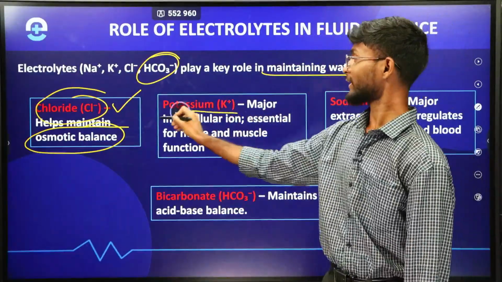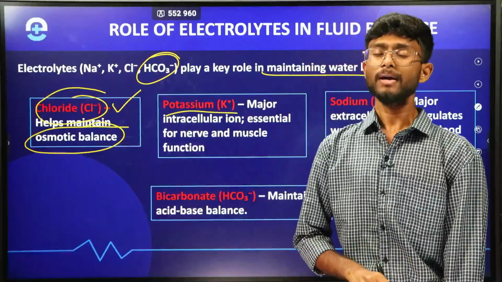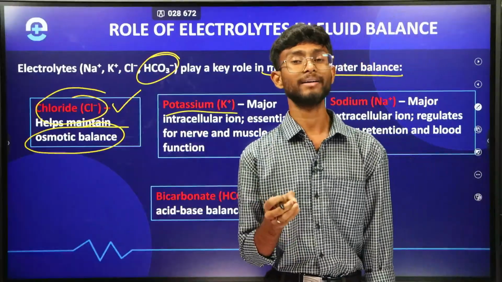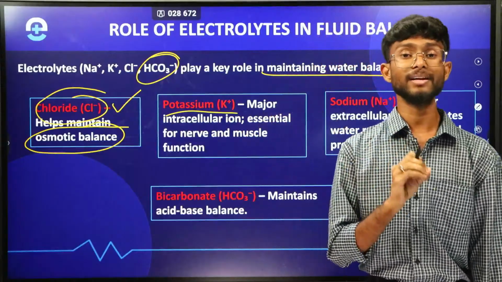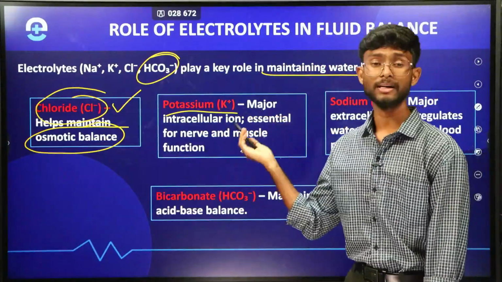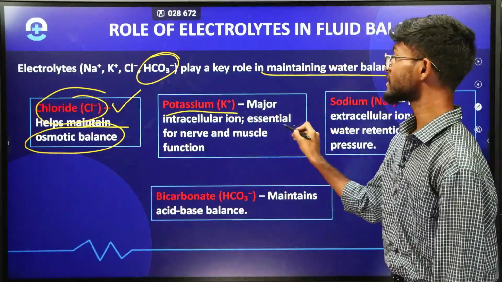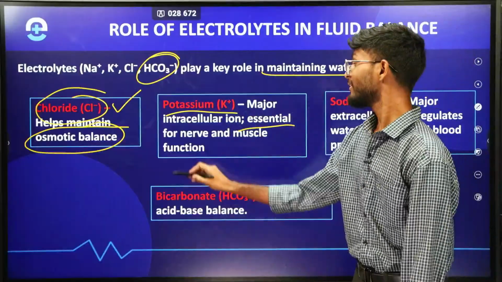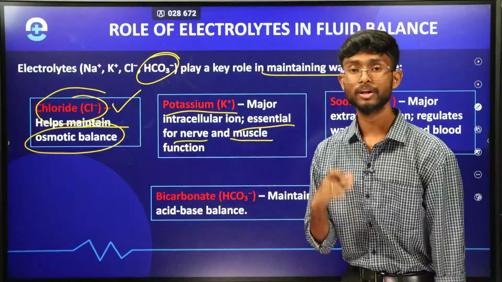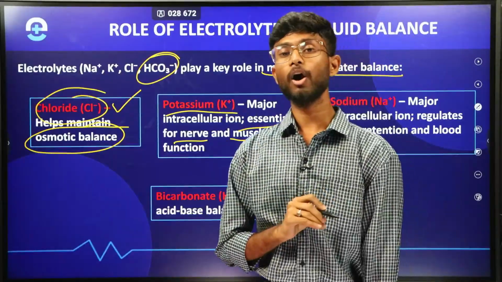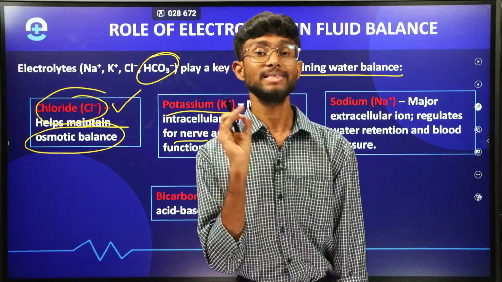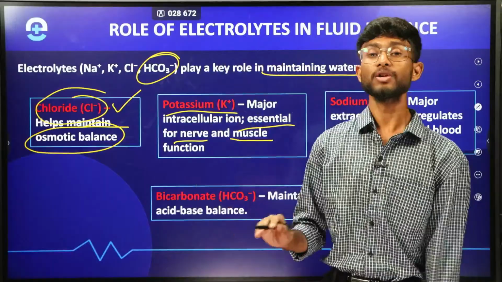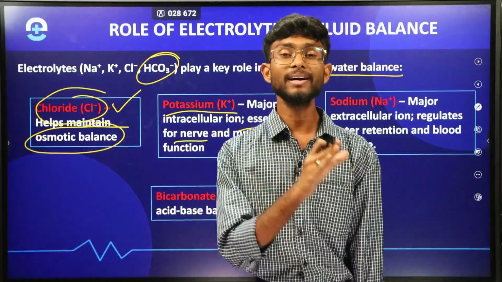Next is potassium. This potassium is very important and it is one of the intracellular factors, that is, intracellular fluid, and it is essential for nerve and muscle function. For the proper functioning of the muscle as well as nerve, this potassium is very important for nerve signaling.